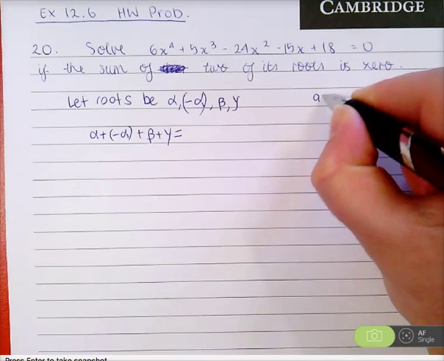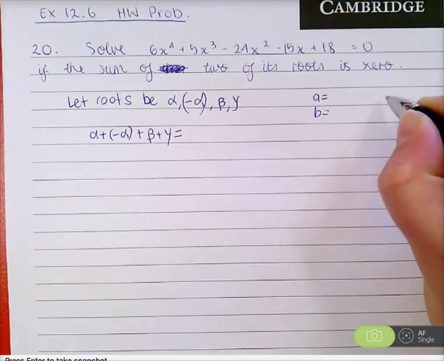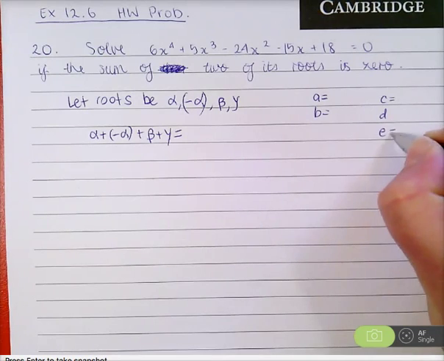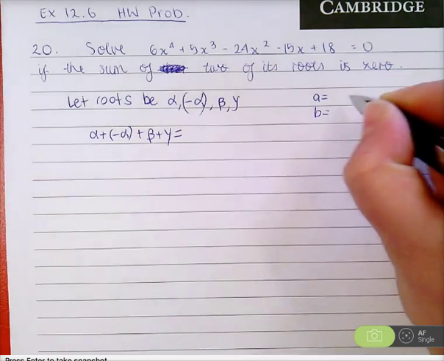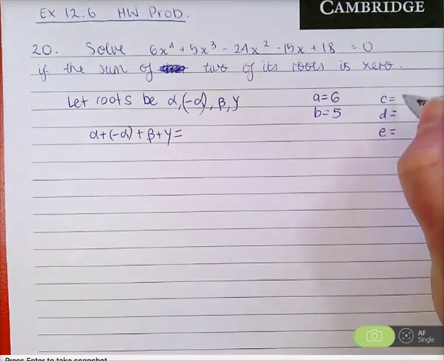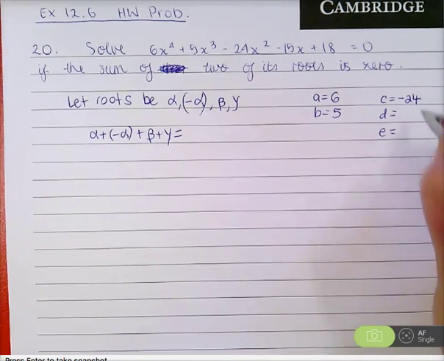You know how we've got A, B, C, D, E. Yep, A is 6, B is 5, C is negative 24, D is negative 15, E is 18.